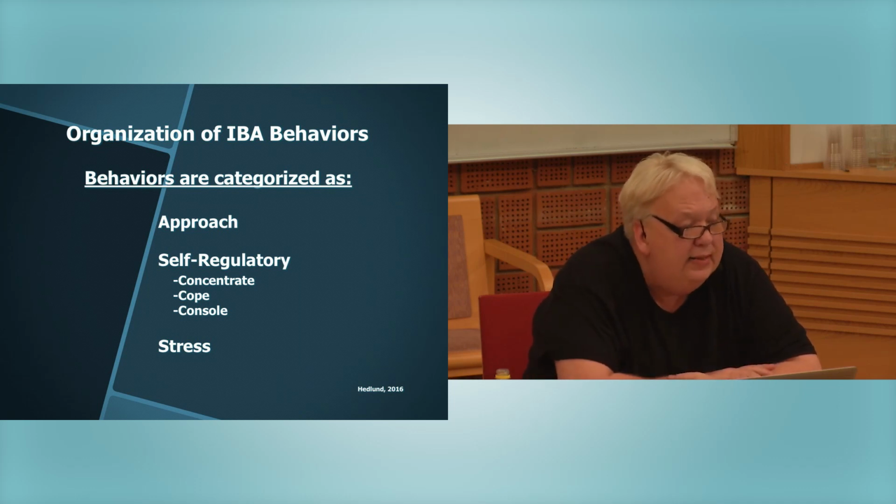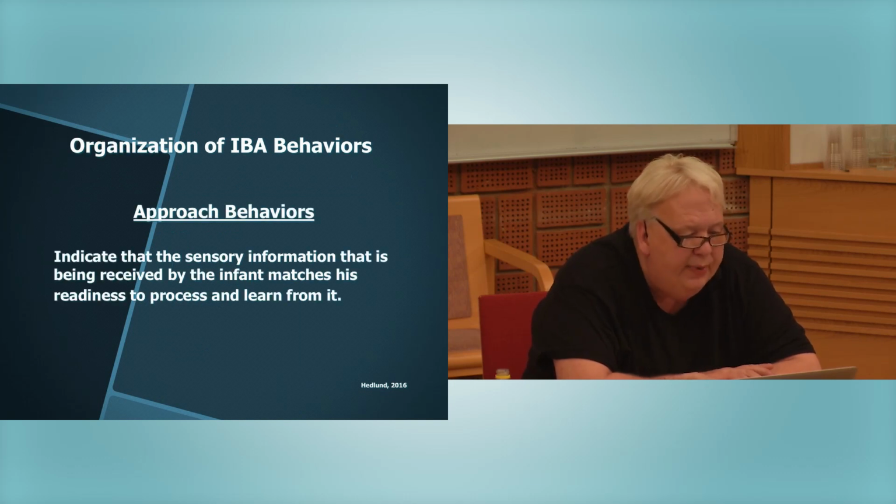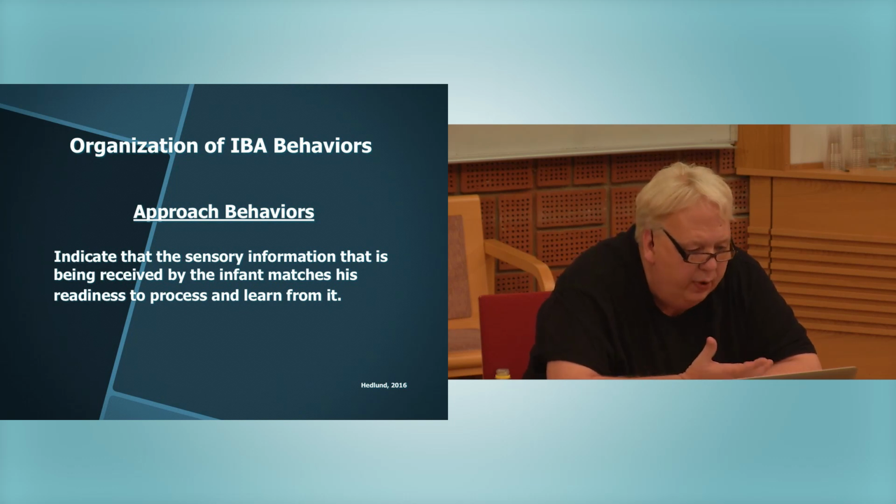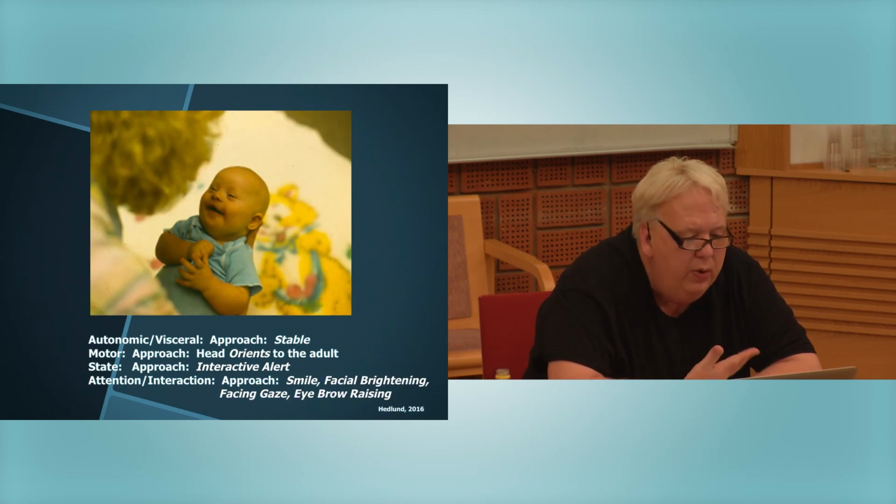Approach indicates that the sensory information being received by the infant matches the readiness to process and learn from it. So here we have a perfect example of an approach behavior coming out of the autonomic visceral system. The autonomic system is stable, motor approach, head orients to the adult, state approach, interactive alert, attention interaction.